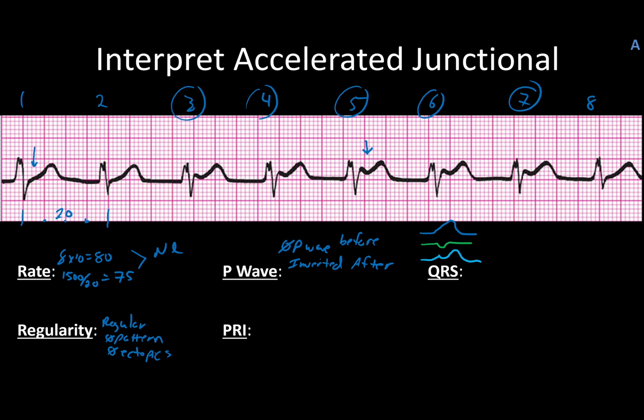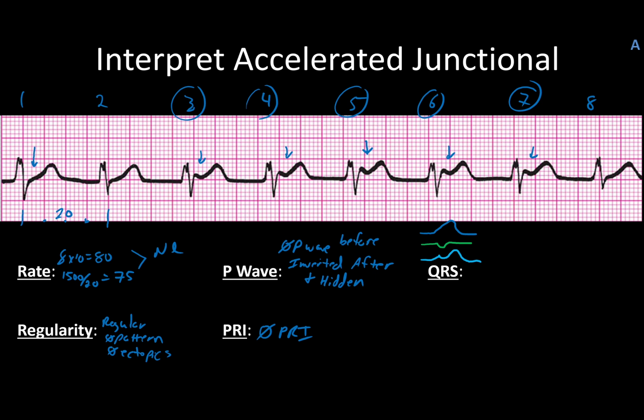And so having one P wave per every QRS is hard to demonstrate, but in this case we've at least found a few of them. Now, because I don't have it in front, I cannot measure a PRI. I'm going to say hidden as well, just to make note of it.